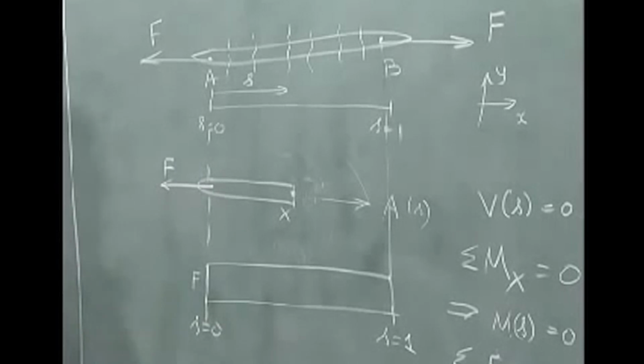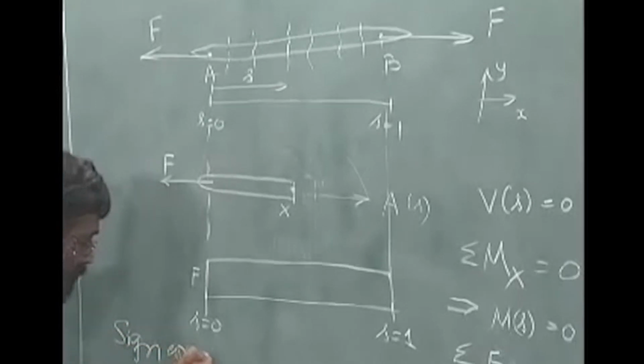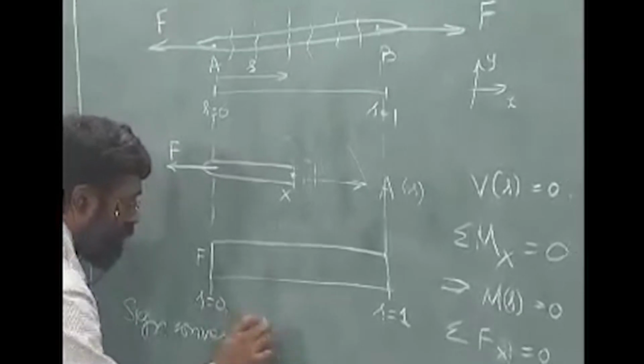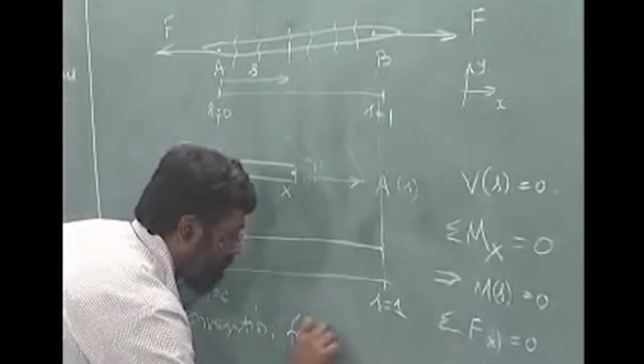That is a question that arises, and that becomes a confusion to me. So the simplest thing that you can do is introduce what is called a sign convention for internal forces.